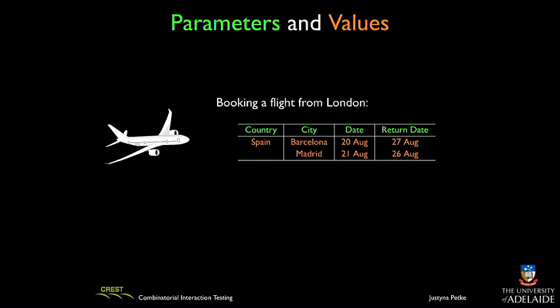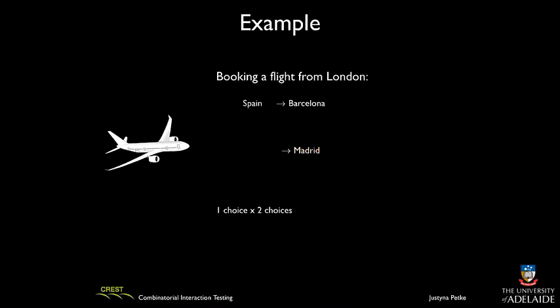You can also think of this table as encoding parameters and values. 4 parameters, and in some cases you've got 1 value, for example for the country, in other cases you've got 2. For this setting, what are in total the different combinations that we might want to consider?